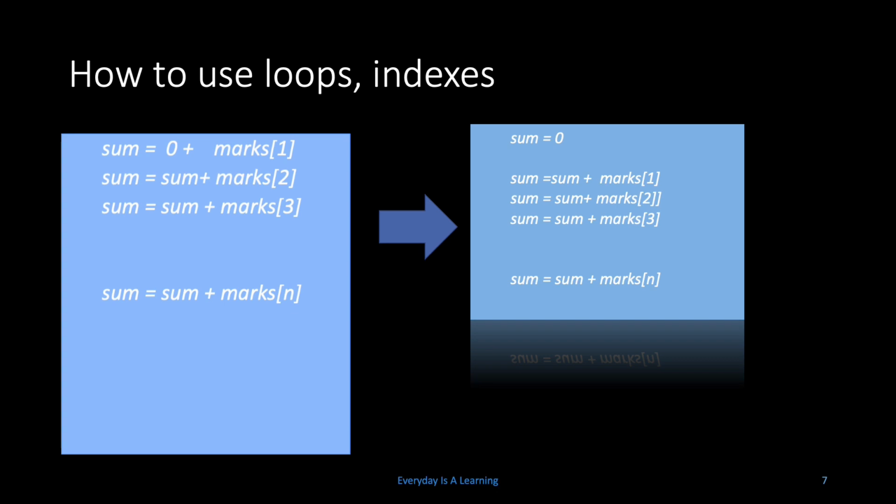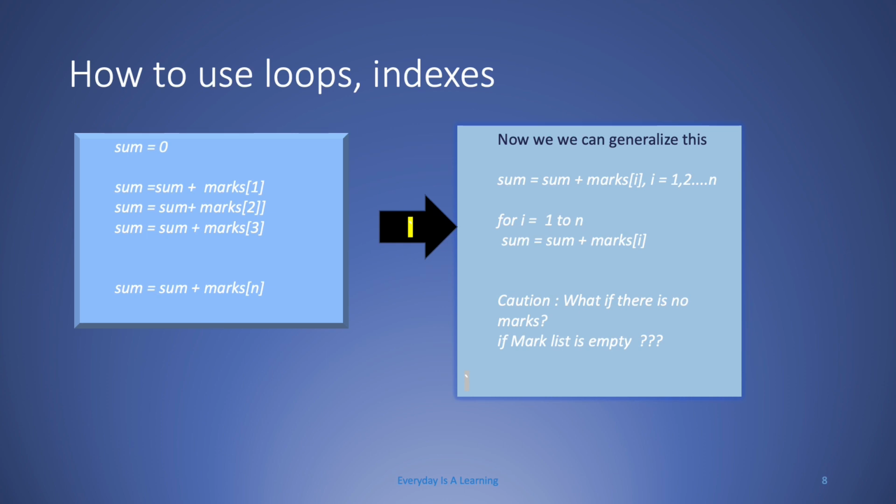So what should we do to generalize it further? If you look at it, sum is equal to marks 1 is the same as sum is equal to 0 plus marks 1. So if you set the initial value of sum as 0 and substitute that value here, you can say that this statement here is the same as this statement, right?